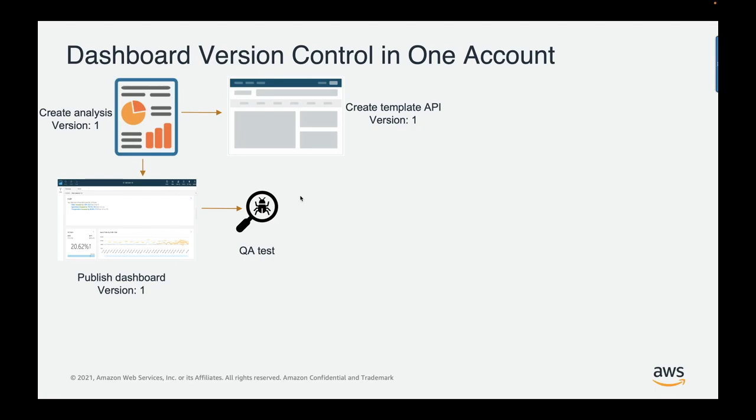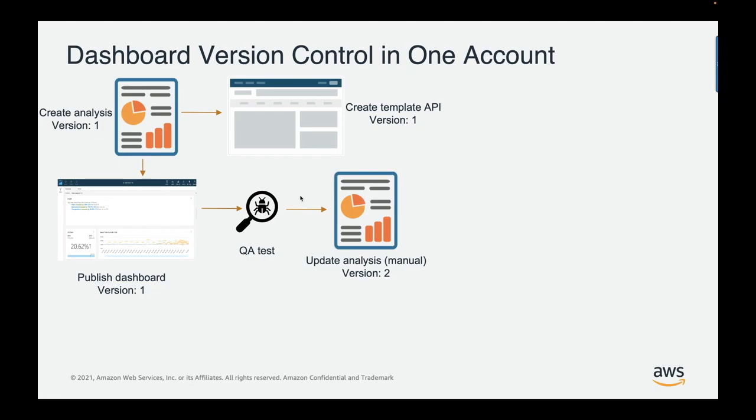So you can do it in parallel. And then the QA team either says, okay, everything passed, successful. So you might want to add some new visualization, some new tests, some new filter, whatever. So you can update your analysis to version 2. And if the QA test fails, of course, you might want to fix the bug in your version 1.